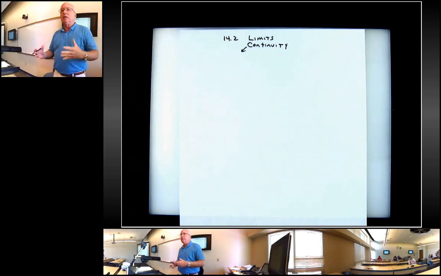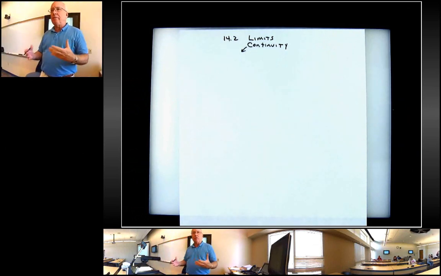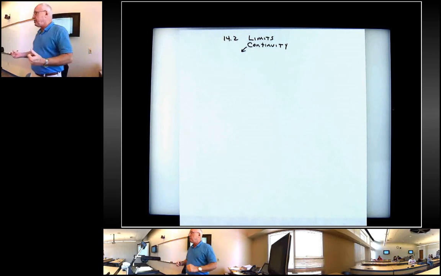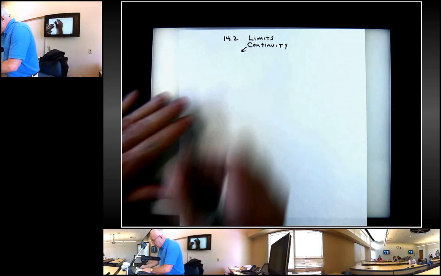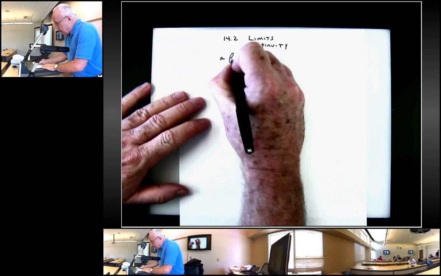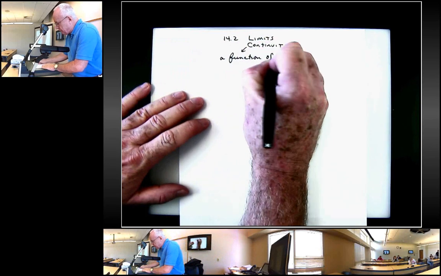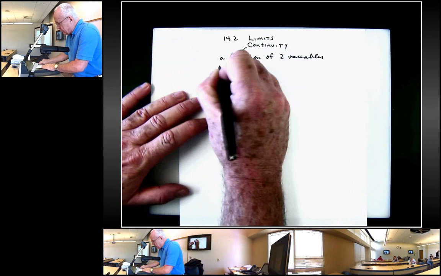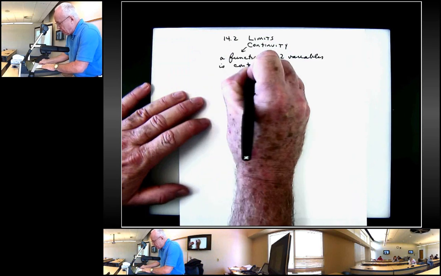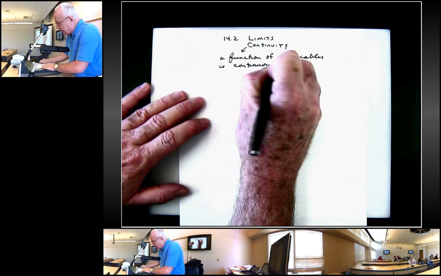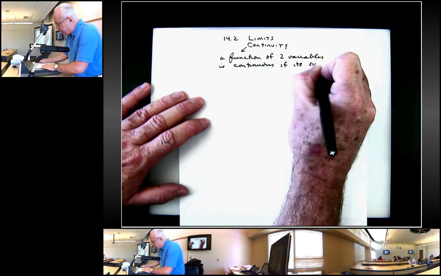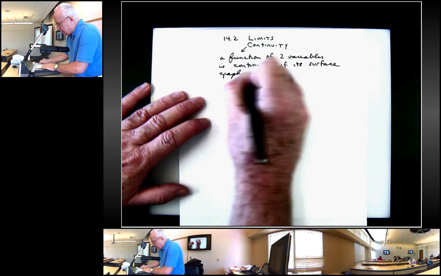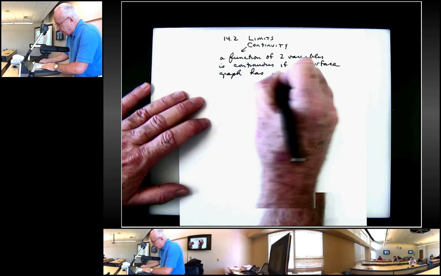if its graph, in this case, it's going to be a surface, has no holes in it. So a function of two variables is continuous if its surface graph has no holes in it.